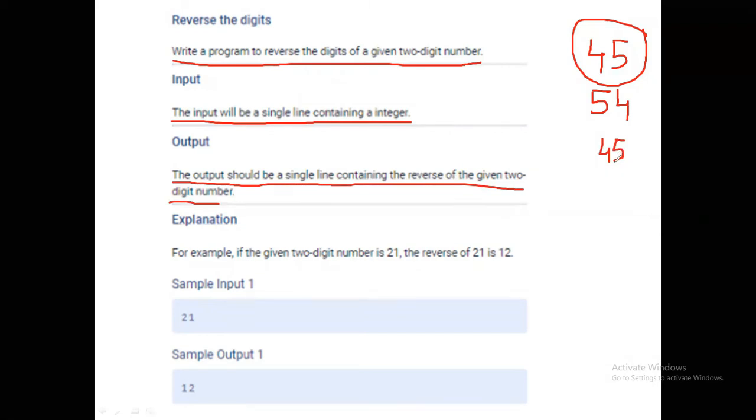After that, the reverse of this number should also be printed in a single line. This is the example here. If I give 21, what is the expected output? 12. Okay, so how can we solve this problem?